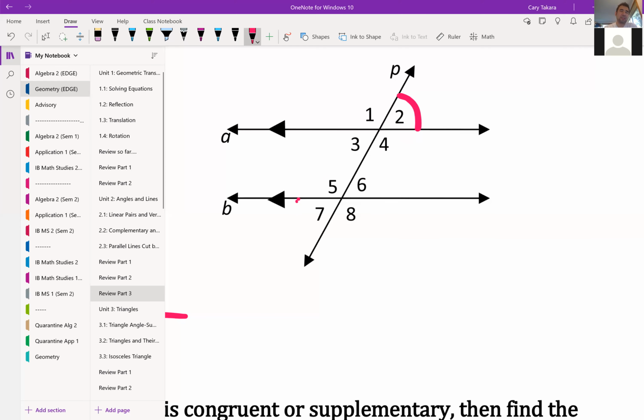About 2 and 7. That will be alternate exterior angle. Yeah. One more time. How about number 8 and number 4?